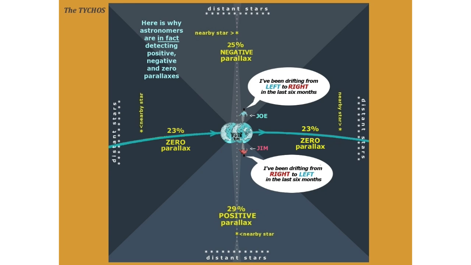If you have a tree in front of you and you move towards the tree, it will not move laterally in relation to what's behind it, right? Yeah. And conversely, if you look behind you, in the back window, you're moving away from a star, and that will not have any parallax either. So that's why we have in our catalogs 50% of nearby stars which don't exhibit any parallax at all.